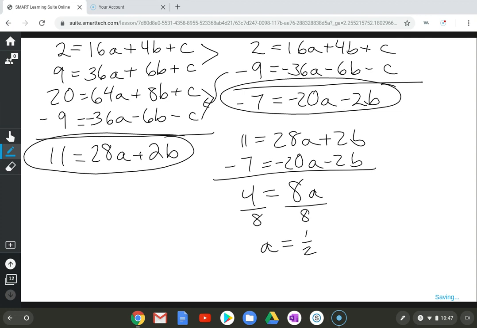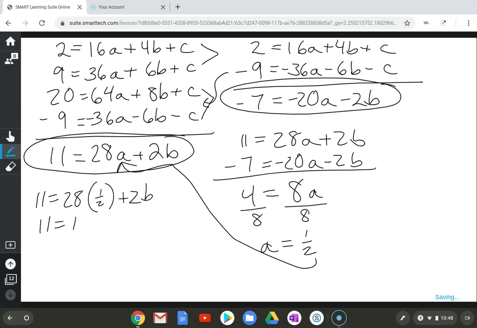Now I'm going to take my 1/2. There it is, it's a. Substitute it in for a, so I get 11 equals 28 times 1/2 plus 2b. 14 plus 2b. Subtract the 14, and I get b equals negative 3/2. Then I go to any of my original equations.